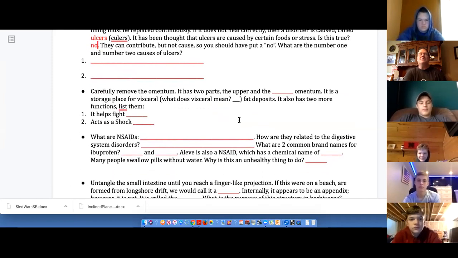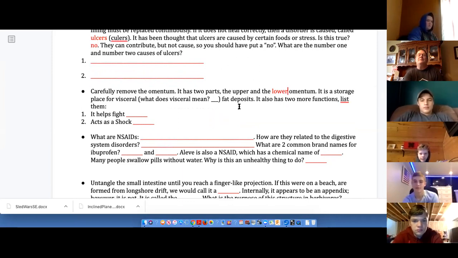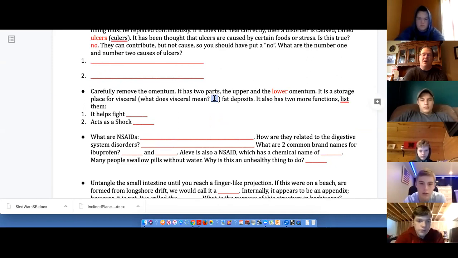Carefully remove the omentum. It has 2 parts, upper and lower. It is a storage place for visceral fat deposits. Anything that has the term visceral means what? Having to do with what?